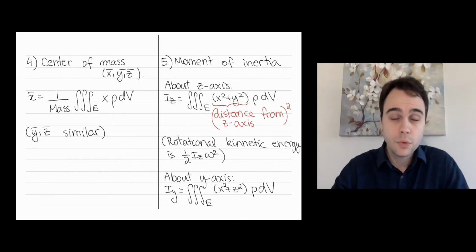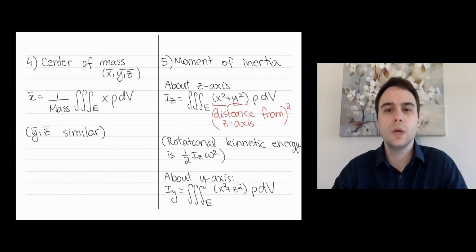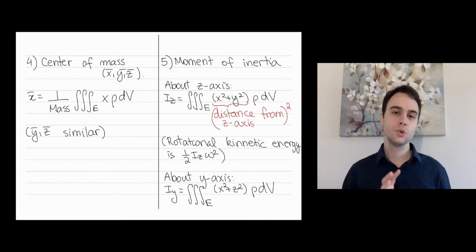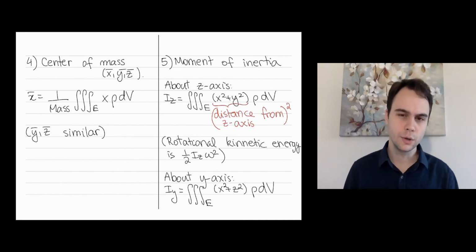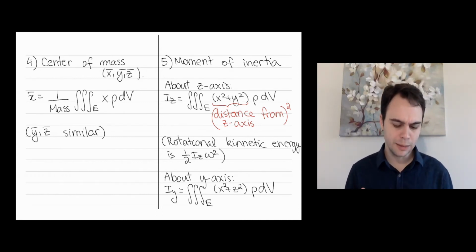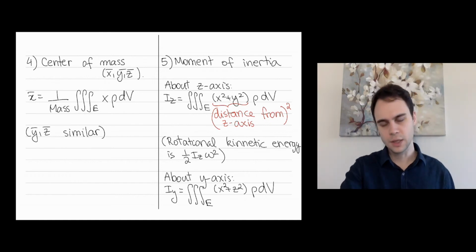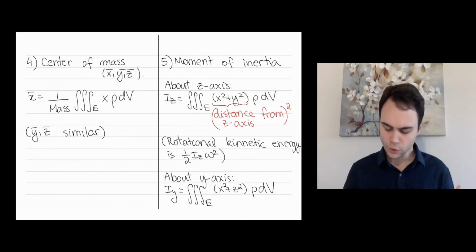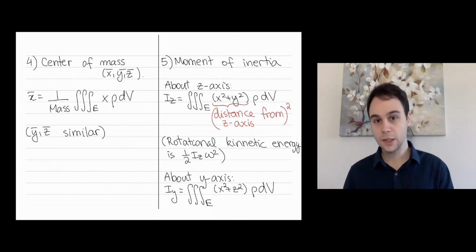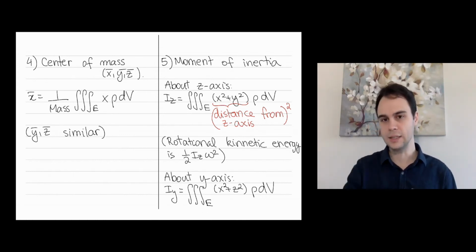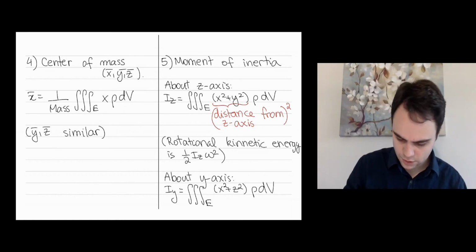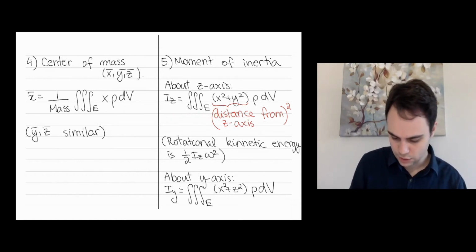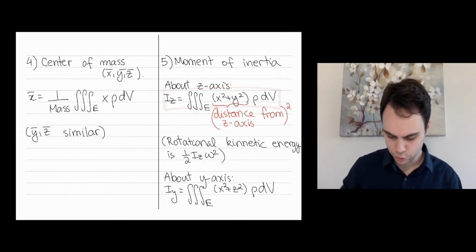Most of the time, the best way to go about this is to choose coordinates that are adapted to the problem at hand. If rotation is your only concern, you can always make the z-axis coincide with the axis of rotation, and then the formula you need is the one that I first drew.